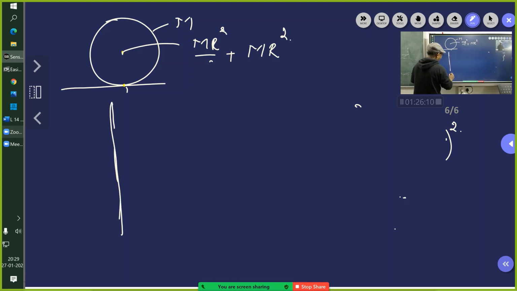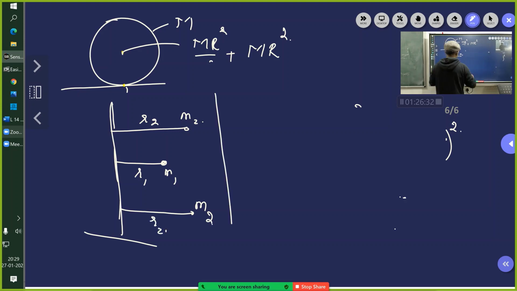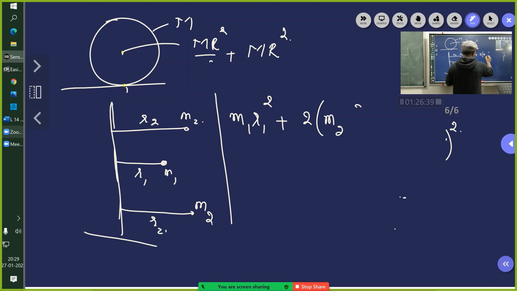If you remember the first diagram I showed you, supposing this is a mass m1, r1. So what is the moment of inertia of this? m1 r1 square. Now if I add one more mass here, m2, and radius r2, and here I add one more mass, same mass m2, same radius r2, the total moment of inertia of this will be m1 r1 square plus 2 into m2 into r2 square.